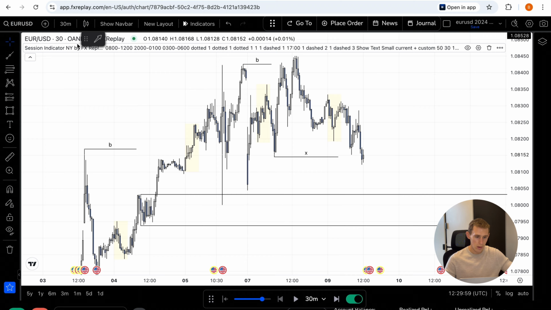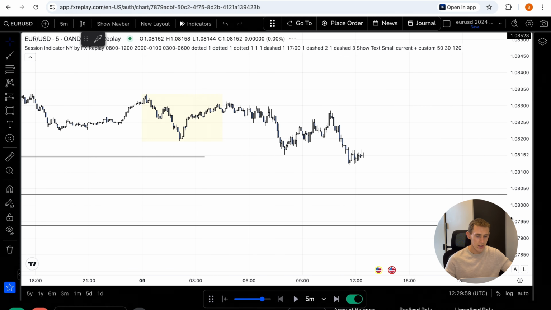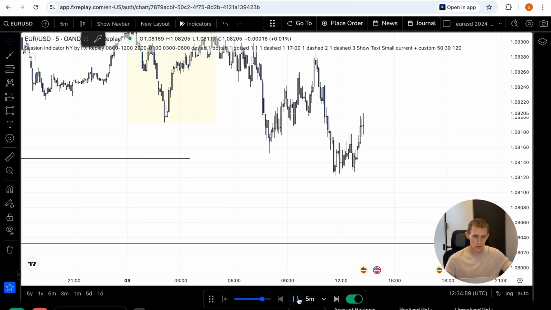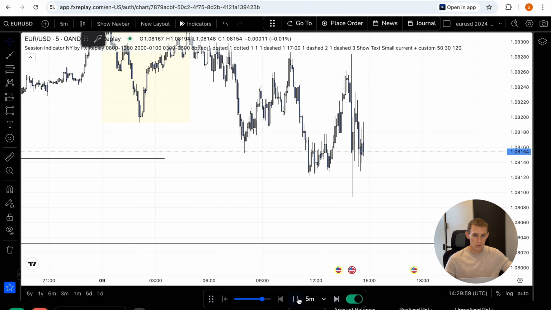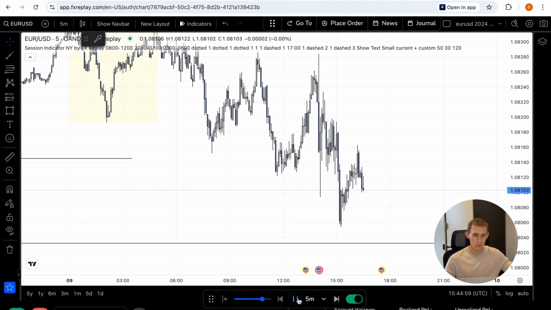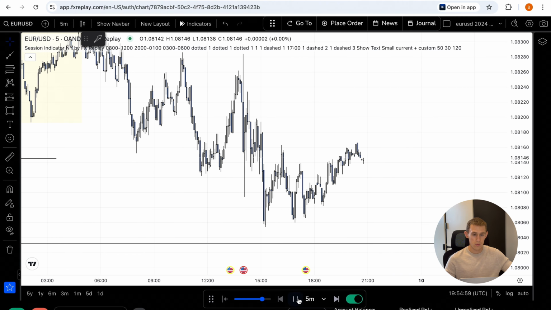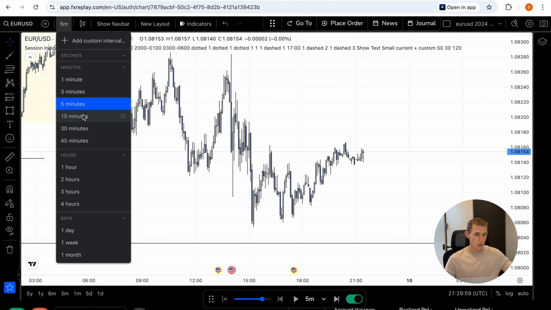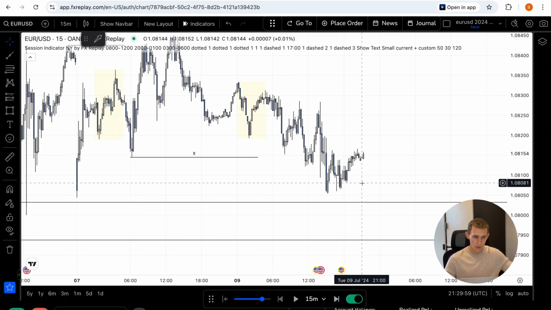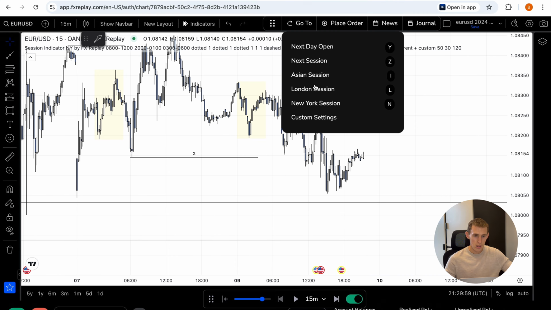So let's just see how it reacts to this. Still wants to come lower, it looks like. Yeah, let's fast forward Asia session again.